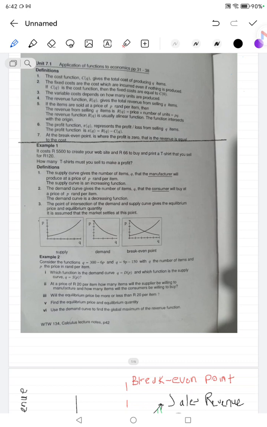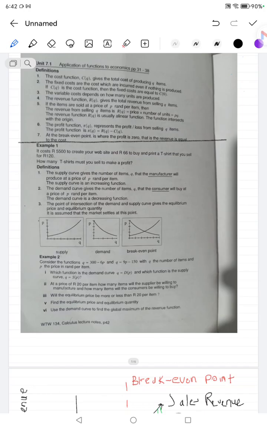You have to keep those definitions at the back of your head: your fixed costs are the costs that you're going to get even if nothing is produced, like those examples I've given, things like your rent, your equipment, and so on. Then your variable costs are costs that are directly related to what you're going to sell. If it's those fish, you're going to be having your spices, your eggs, and your potatoes for the chips. So that's mainly how it works.